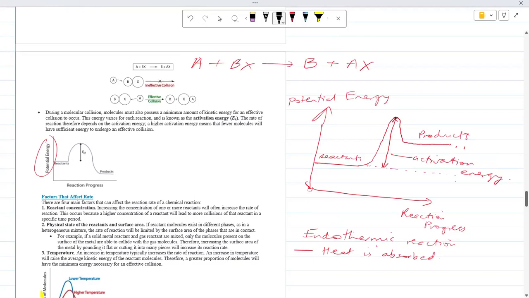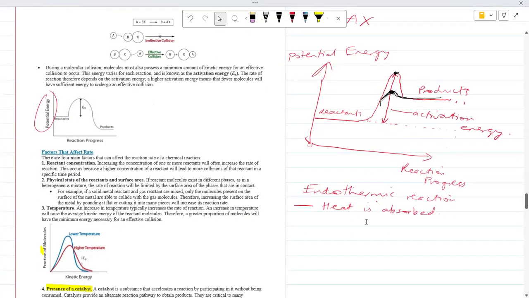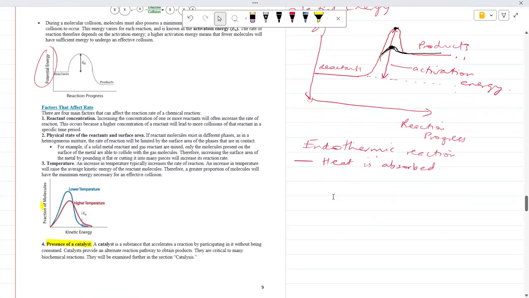So instead of the molecule going all the way up here, because the activation energy is lowered by the catalyst, it only has to gain this amount of energy right here. You see the peak has been lowered, so the reaction will be faster. It attains this activation energy faster and then breaks into products. So that's what happens if you add a catalyst. It lowers the activation energy, so the reaction will proceed faster.